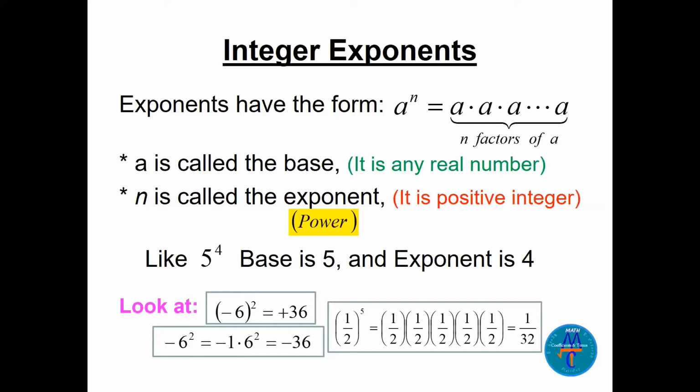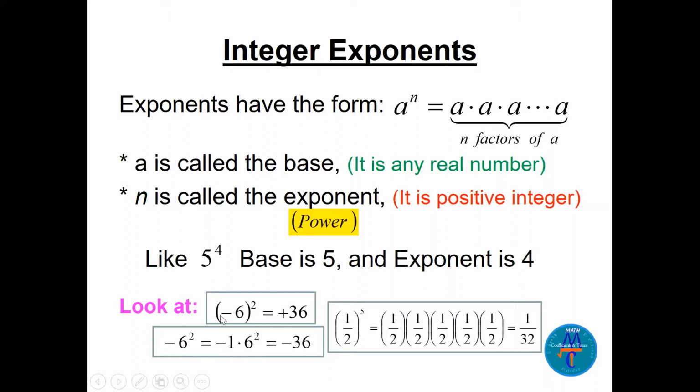So I just prefer to mention this little tricky example, minus 6 squared. Look here, the base is only 6 and the power is 2. So 6 to the power 2 is 36, and there is a minus 1. See here, the answer is minus 36.